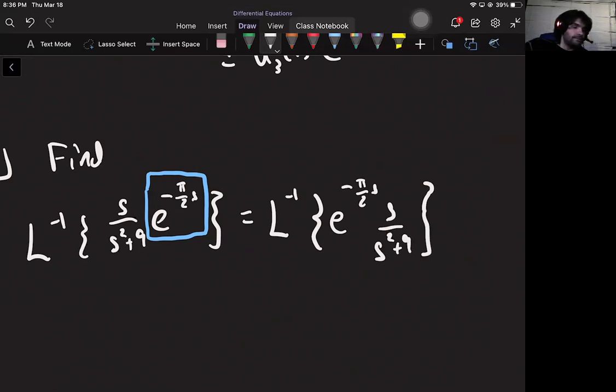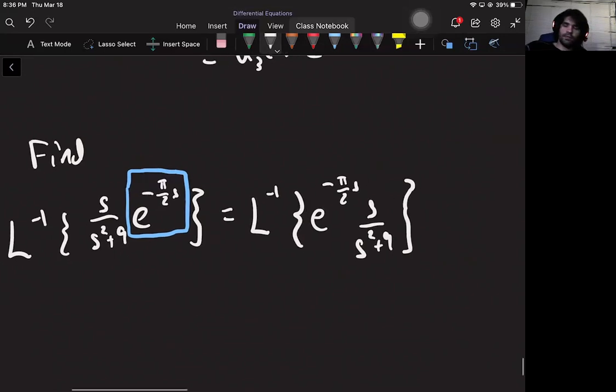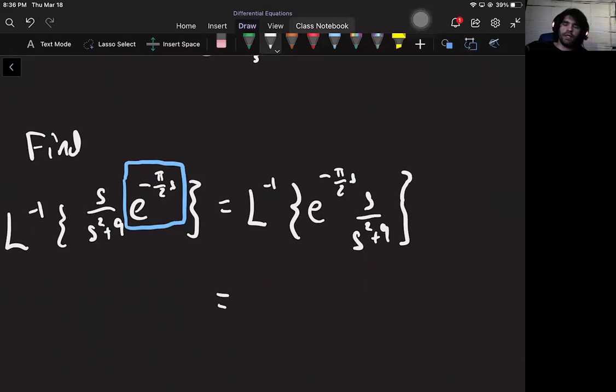Okay. So then what we can do is immediately say that the inverse Laplace transform has to have the step function starting at pi over 2, because of this exponential being e to the negative pi over 2 s. So it must have come from this times a function shifted over by pi over 2.